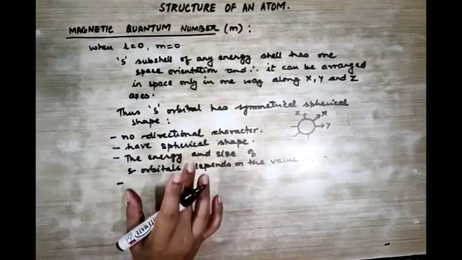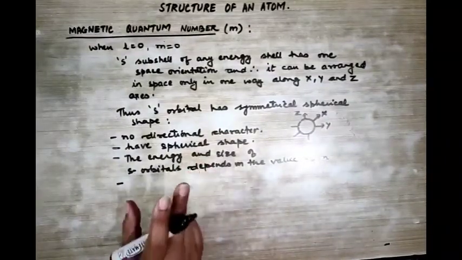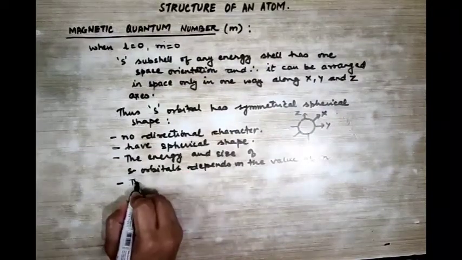Next, the region where the probability of finding an electron is 0 is always called the node or the nodal surface. What?